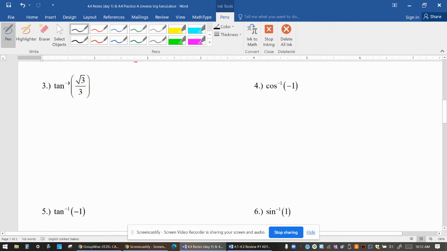Okay, so inverse tangent of root 3 over 3. So what angle has a tangent that is root 3 over 3? Well, remember, as soon as you see a root 3, your brain should go to a 30, 60, 90 triangle, because across from the 60 is root 3.